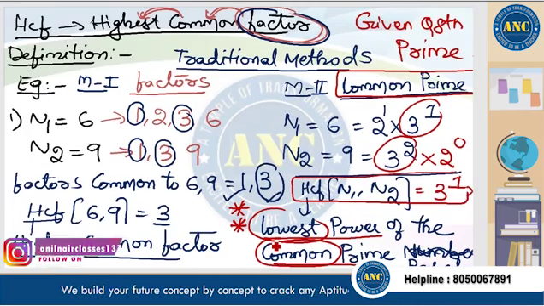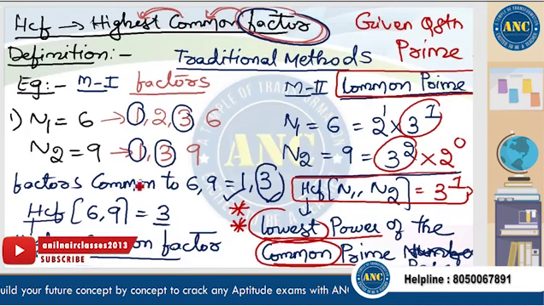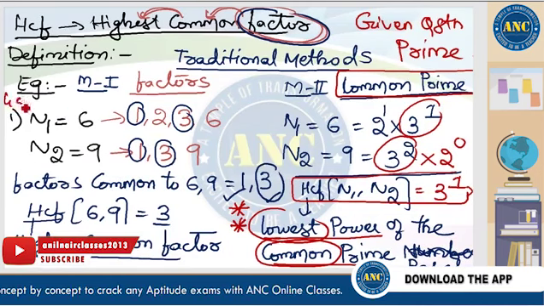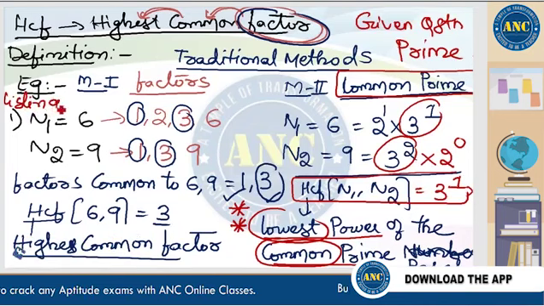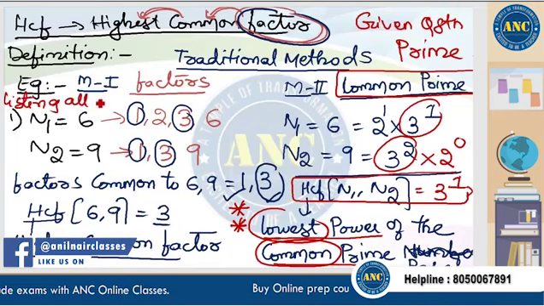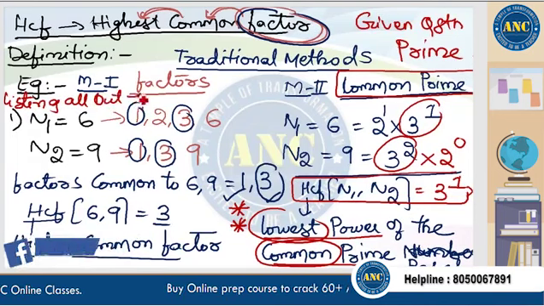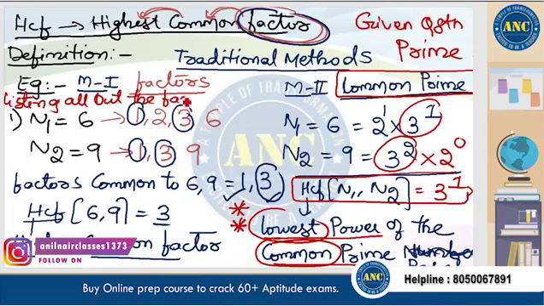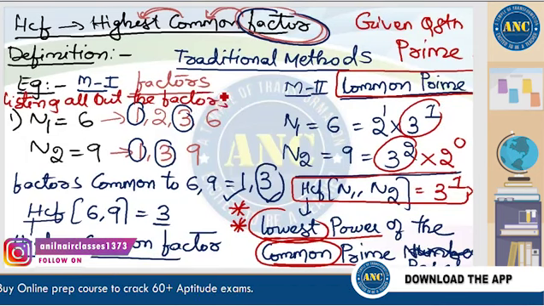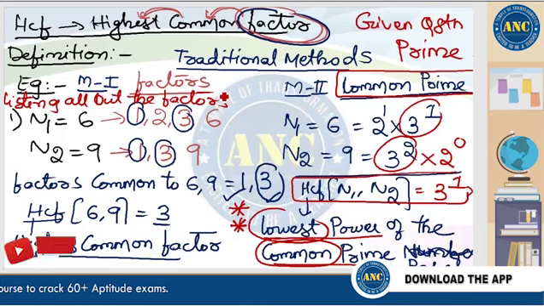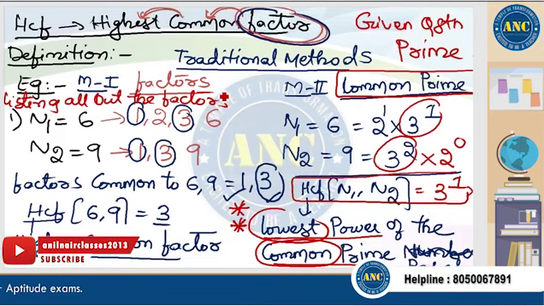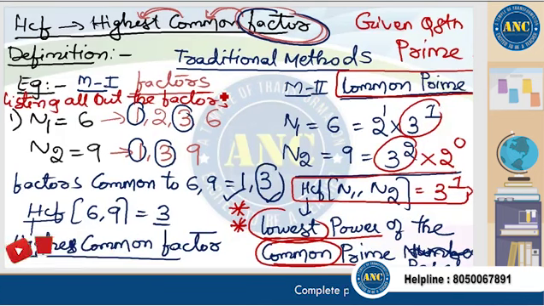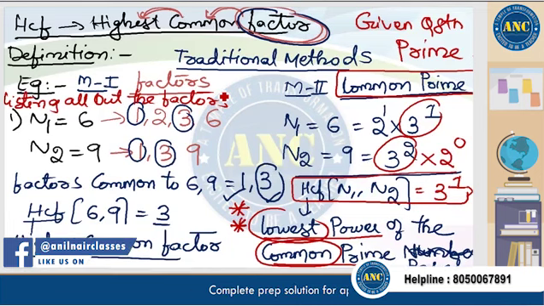Lowest power of the common prime basis. This is the definition. Method 1 is listing out all the factors. Method 2 is writing the number as a power of prime basis. This is just the beginning. You will see close to 20 to 25 problems based upon this concept.